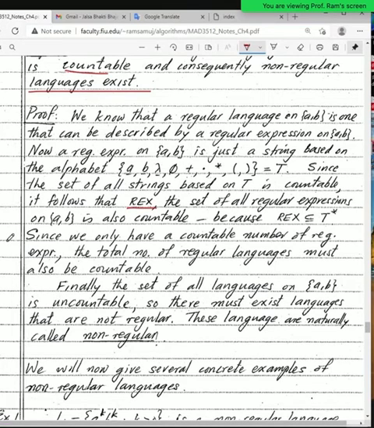Not every string will produce a regular expression. Some are just meaningless, like a b star if you write an a and then a b, or star a b.